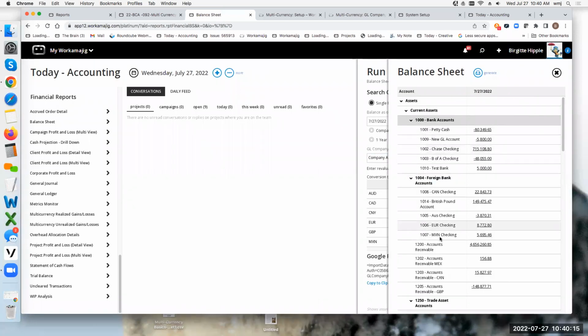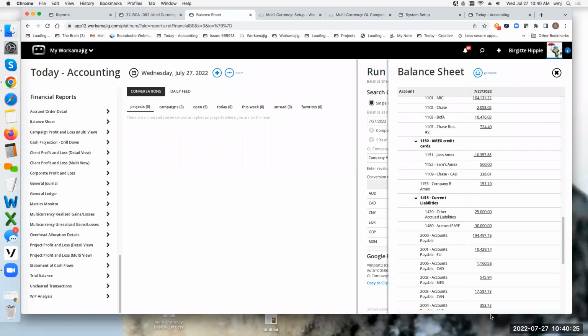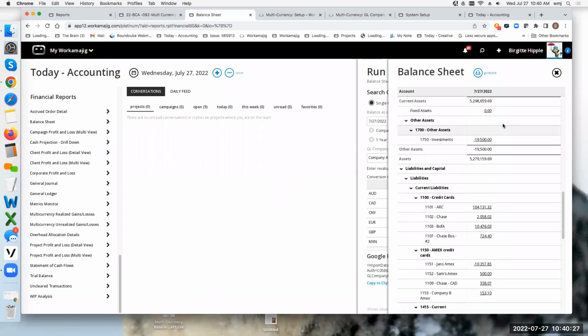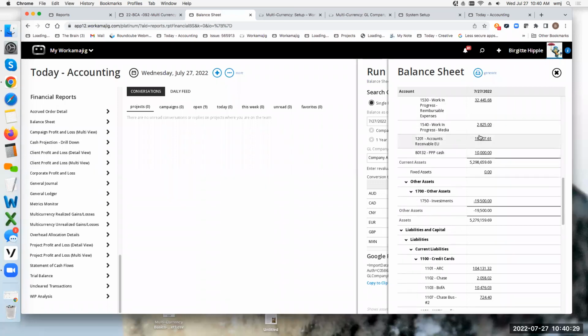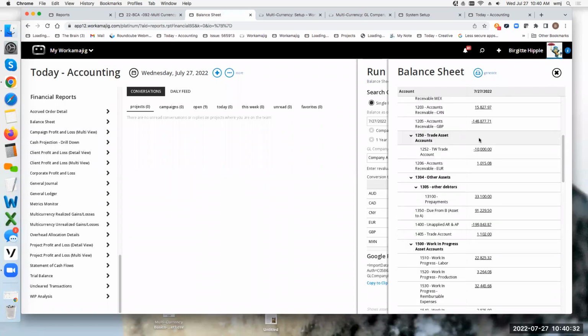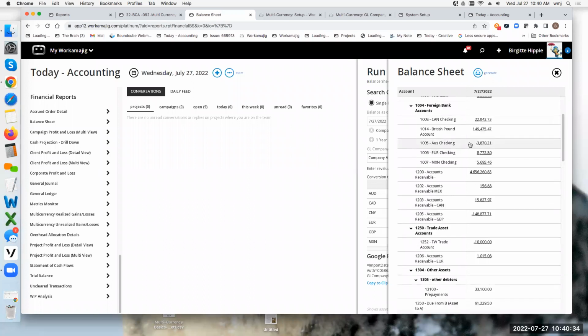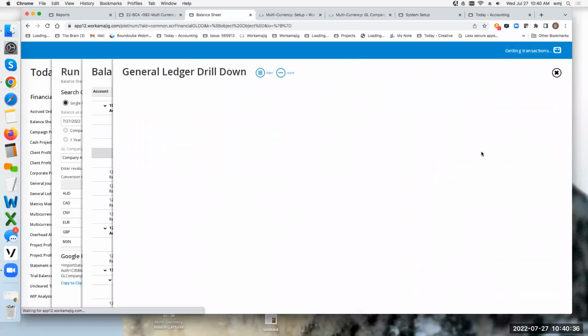So I've got British pounds. This is now valued in USD, because you have to be able to add your balance sheet up to get to that bottom grand total number. It revalues the amounts. So if you were to click into the field, let's go back up to my Euro checking account. Okay.